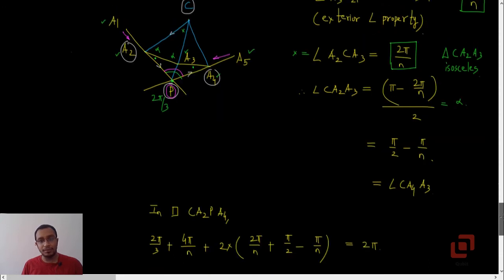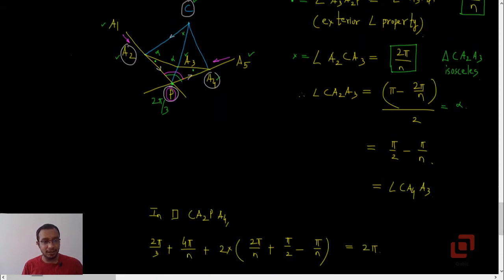So let us first consider the given angle, that is 2π/3. Now let us consider this angle. See now these are two central angles. The first one is 2π/n and so is this one, so that makes them 4π/n, or the total angle of the quadrilateral is 4π/n. And now we are required to consider these two angles, alpha plus dot, and so is this. Because these two angles are equal, it is enough to consider one of them and multiply its magnitude by 2.